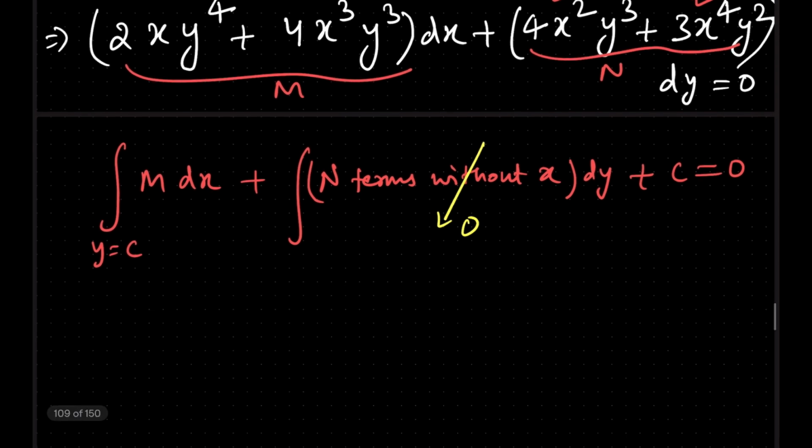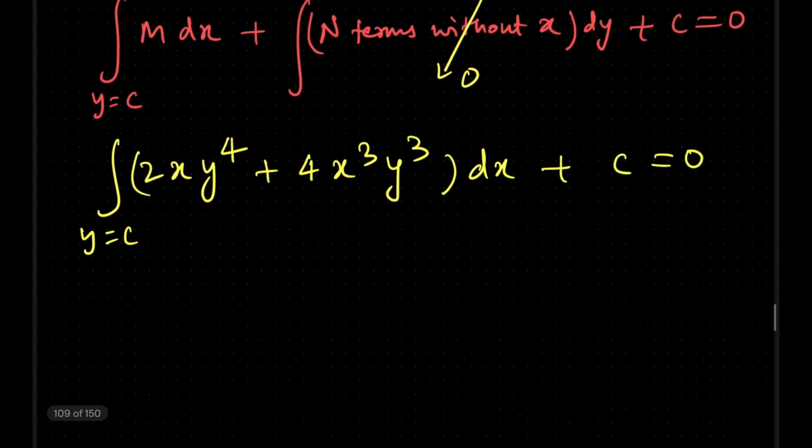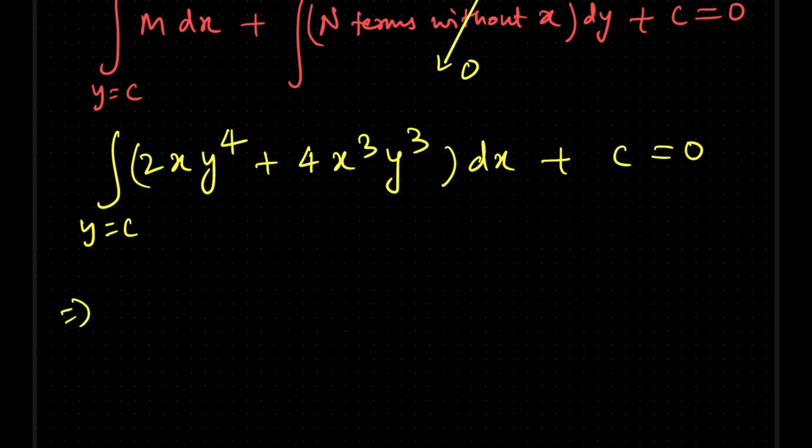So this term is 0, so only you have to integrate this M with respect to dx, assuming y is constant. So y is constant, 2x y to the power 4, then 4x cube y cube dx plus c equal to 0. So we have to assume y is constant.